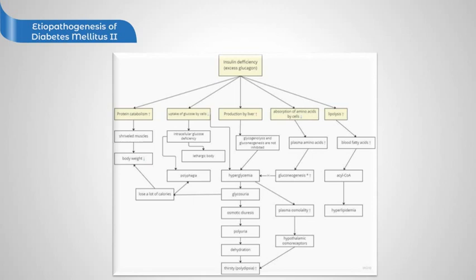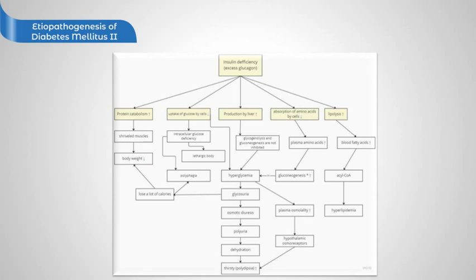On the glycosuria side, glycosuria can cause a lot of calorie loss, which can potentially lead to polyphagia and weight loss. The fourth one, the absorption of amino acids by cells decreases. This decrease causes an increase in amino acids in the plasma and may lead to gluconeogenesis. This gluconeogenesis triggers hyperglycemia.